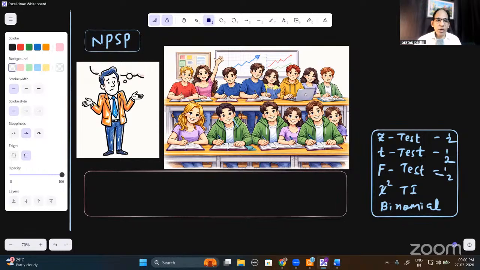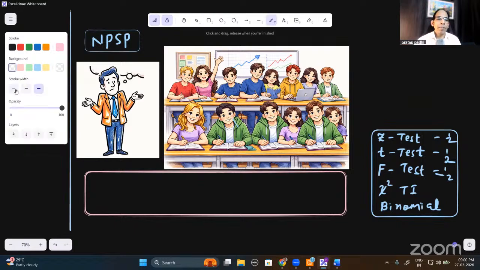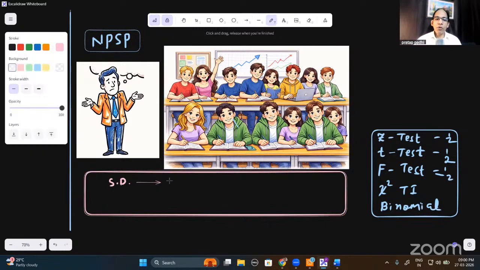What kind of standard deviation? Let me write here. If you know the standard deviation for the whole school, because the school has experience, they know since the last 20, 30, 40 years maybe. So they know the kind of students, their IQs. So they will be able to say the population standard deviation.